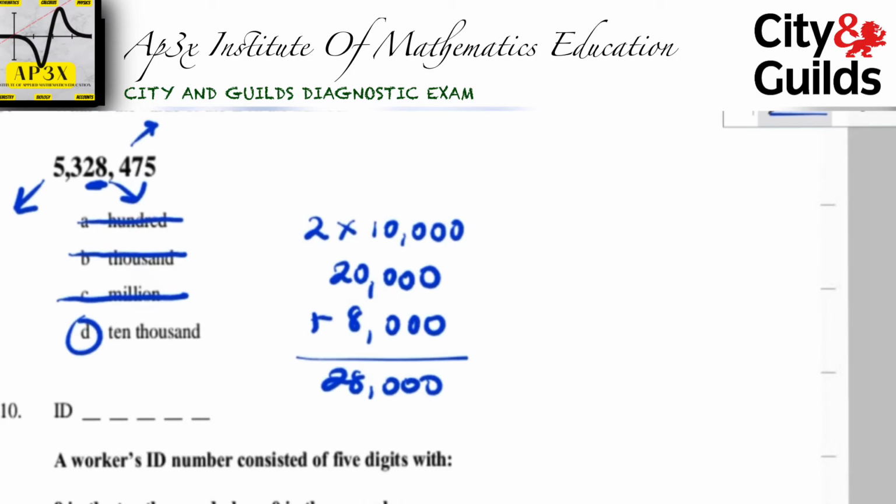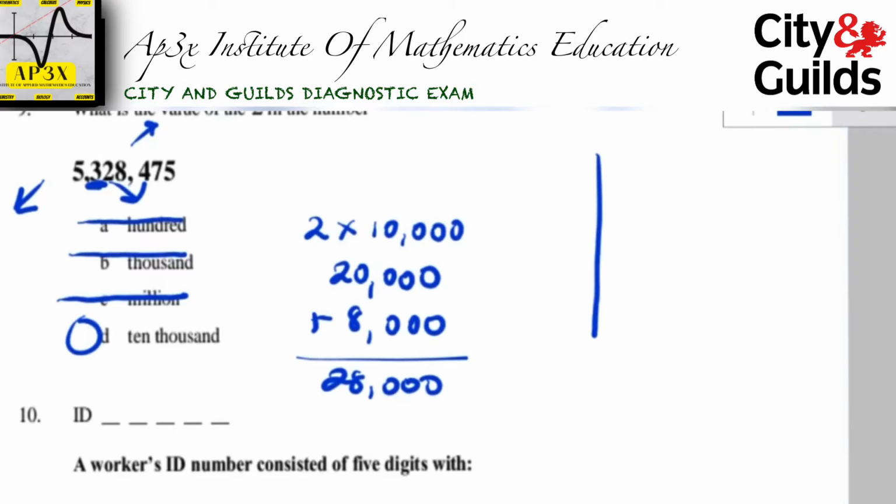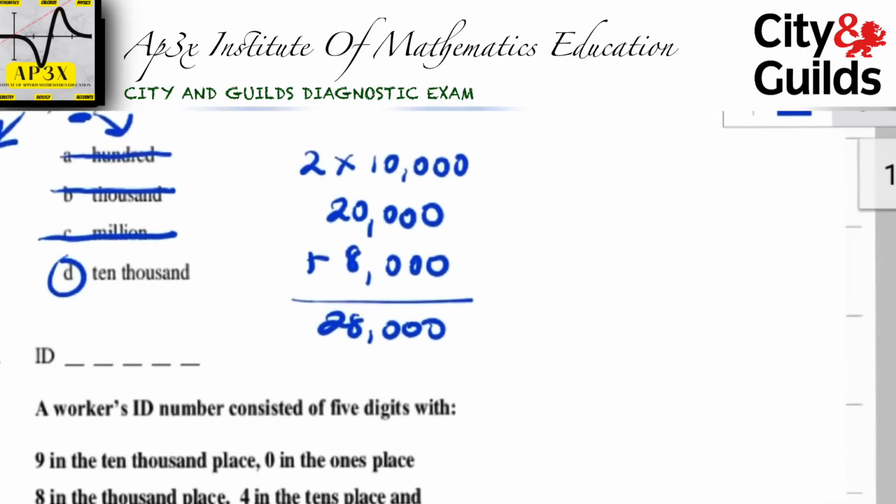There's a name for it where you have a table with hundreds, tens, ones, units, 10,000s, thousands. You know that table? I don't remember the name of that table, because I don't teach fundamental math, but I do remember doing something like that back in prep school. Nevertheless, here we can logically work that out. So our answer here is going to be 10,000.